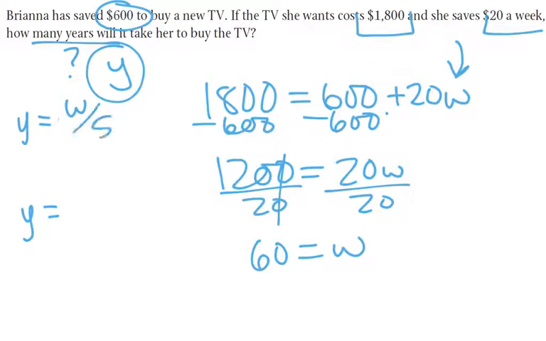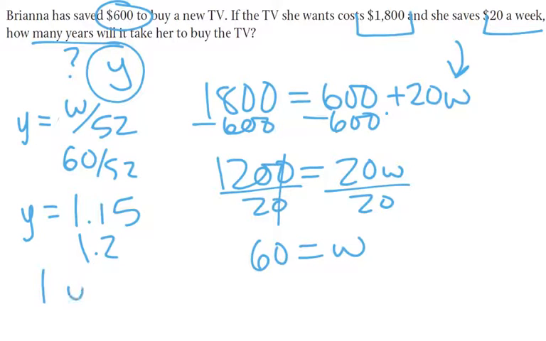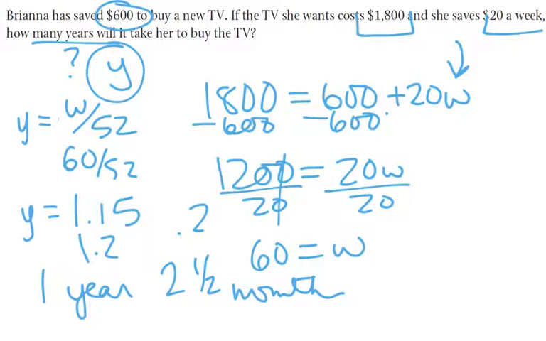Weeks divided by 52. There we go. 60 divided by 52, and we get 1.15. So about 1.2. So that would be 1 year, and then 0.2. Well, there's 12 months in the year, so 12 times 0.2 would be 2.4, so about 2.5 months. So, a bit over a year.